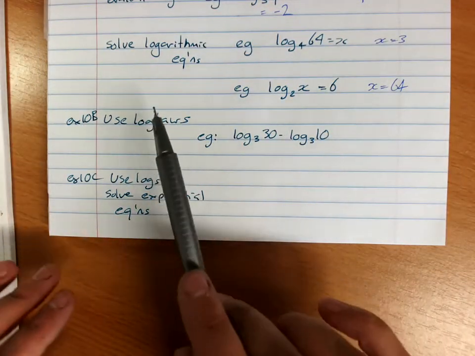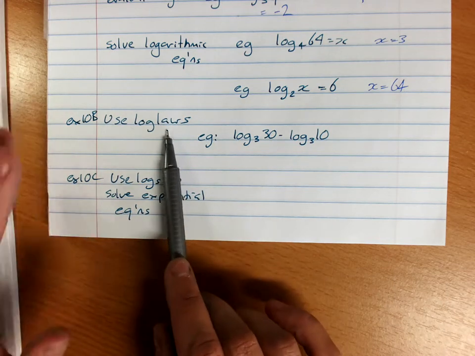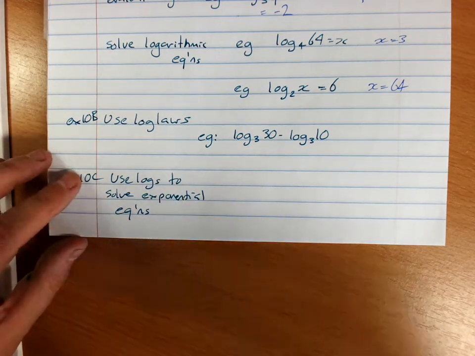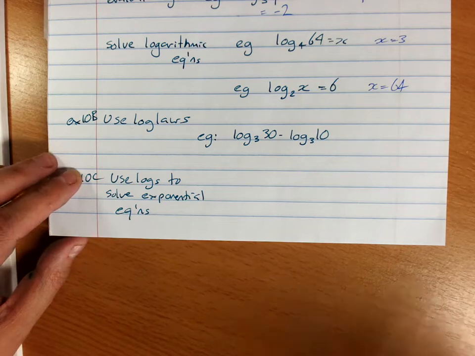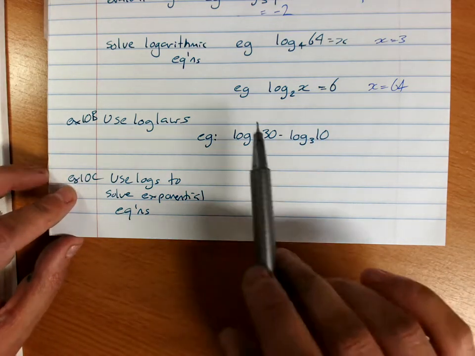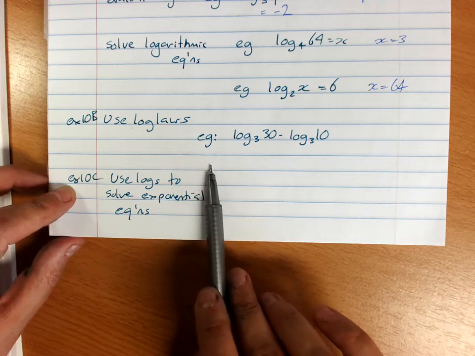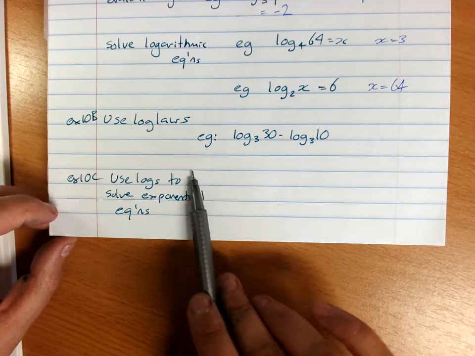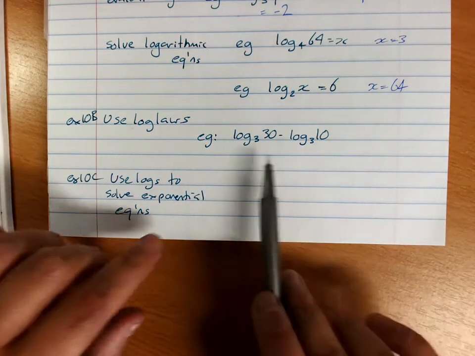We do need to be able to use the log laws, and you need to know the log laws. So the strategy for remembering them is to relate them back to the index laws, but you also need to know them. And if I was doing a test, I would write down the log laws at the start, rather than wait until I panicked and needed them.